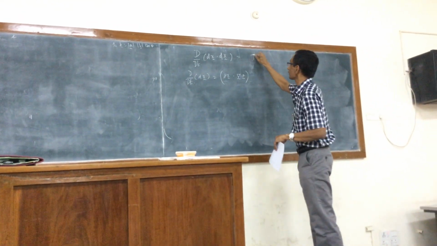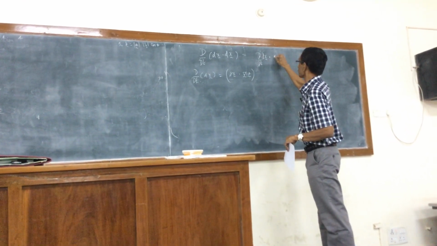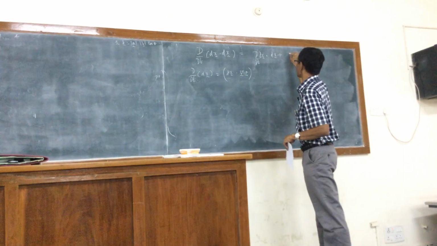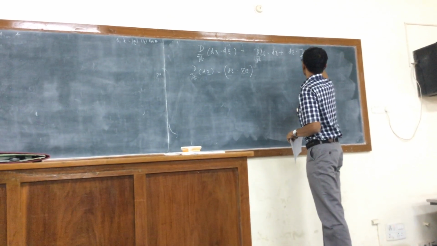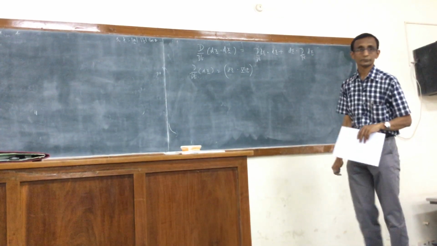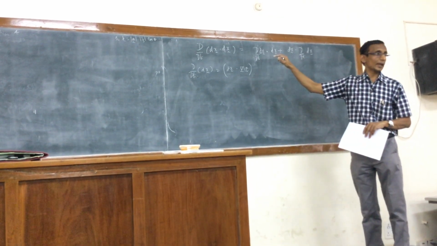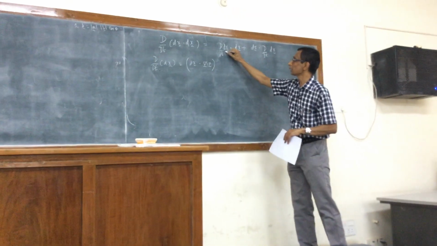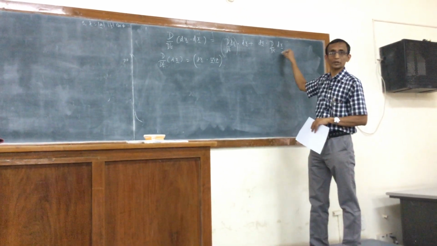I said that this can be written as d by dt of dx dotted with dx plus dx dotted with d by dt of dx.